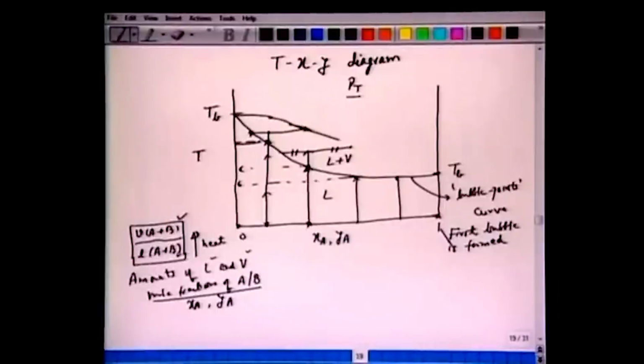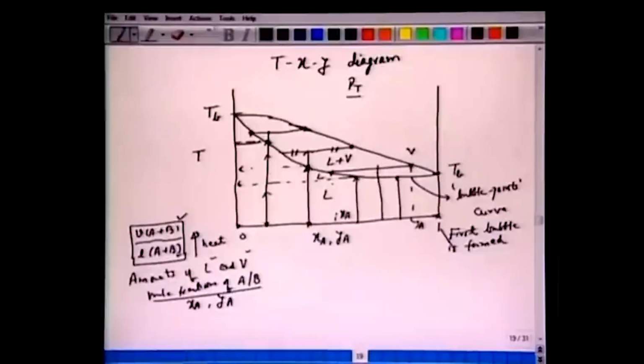All right, a curve like this, in which for different compositions there will be a separation of two phases, the vapor phase and the liquid phase, in which the amount of liquid and vapor is different, and the vapor compositions and liquid compositions are different here.